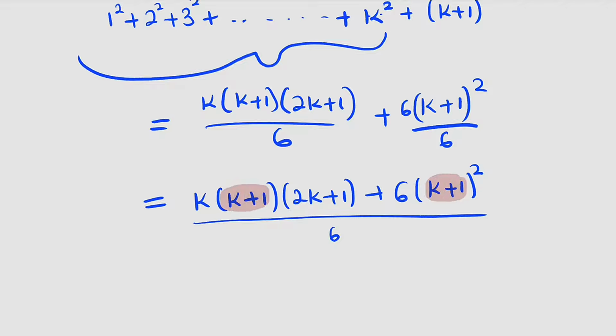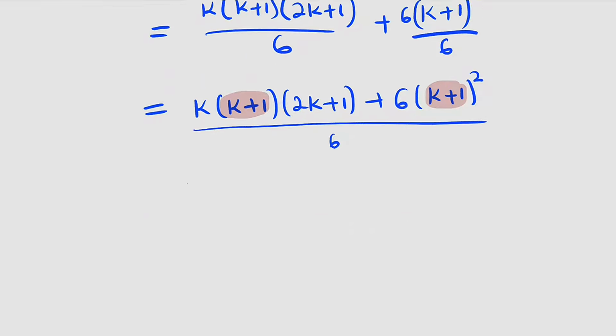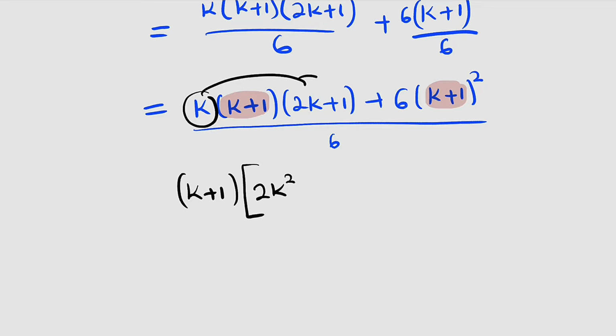So let's bring it out. If you bring k plus 1 outside, inside we're going to have k multiplied by 2k plus 1 left from the left hand side. If you multiply k by 2k, you're going to obtain 2k squared. K multiplied by 1 will give us k.